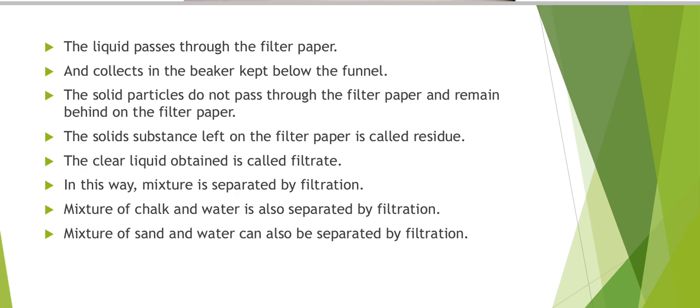Moreover, a mixture of chalk and water is also separated by filtration. A mixture of sand and water can also be separated by filtration. In your textbook, examples are also given under figures 5.9 and 5.10.